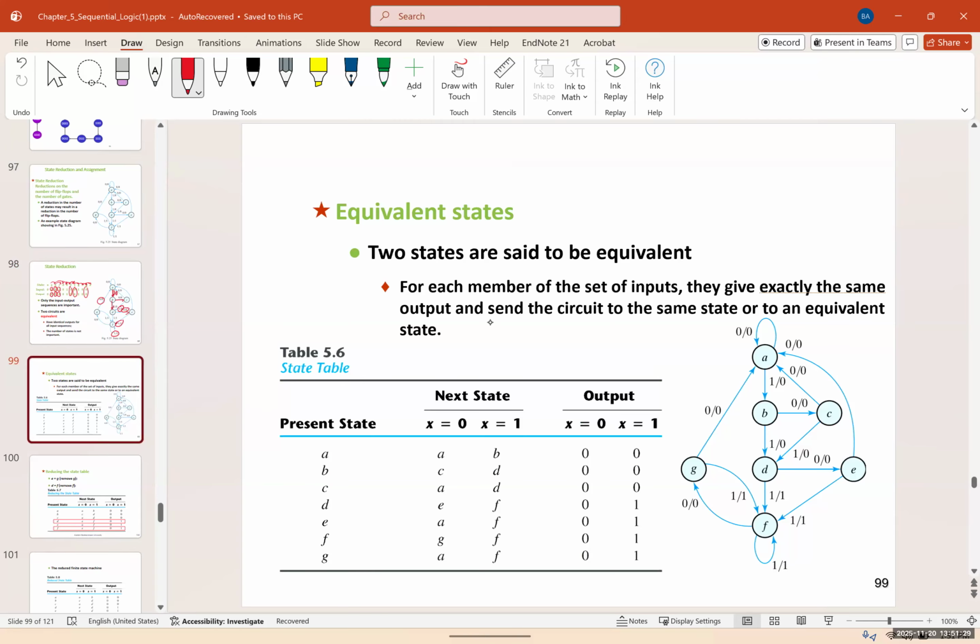Now, what we would do, we would create the table, or the state table. For equivalent states, two states are said to be equivalent when for each member of the set of inputs, they give the exact same output and send the circuit to the same state or to an equivalent state. So here, which one gives us the same output?